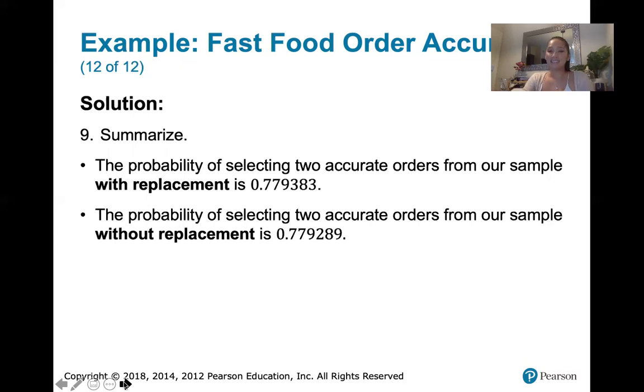Now, if we do exactly the same thing, but this time, rather than putting the order back in after we've selected the first one, we leave it out and then we select a second one, this is selecting without replacement. And we get a slightly different probability of 0.779289. This one ends in 383. This one ends in 289. There's not much of a difference between these two.